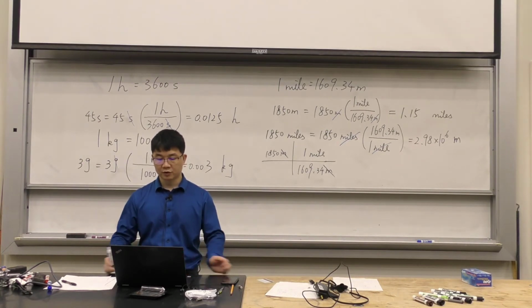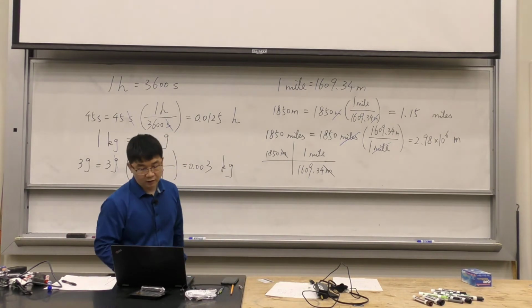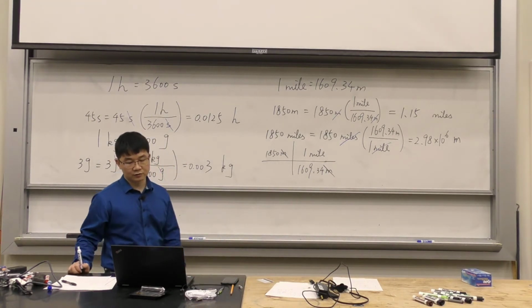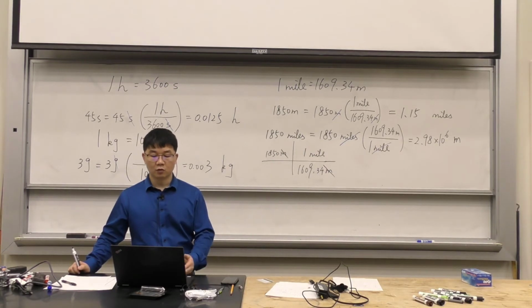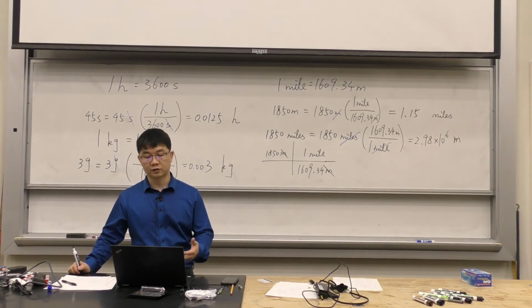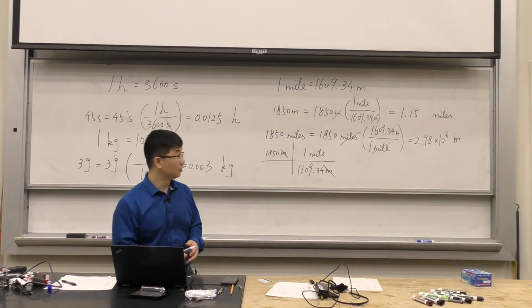That brings us to the next question I want you to practice. If I want you to convert 8 square feet to square meters, and I tell you 1 foot equals 0.3048 meters, right? I will give you all these conversion factors, but you need to know how to convert them, okay? How do you convert units?